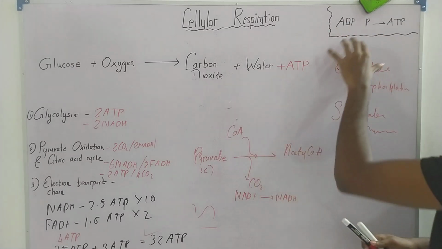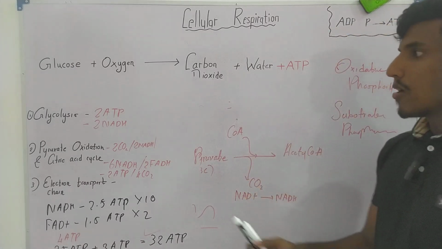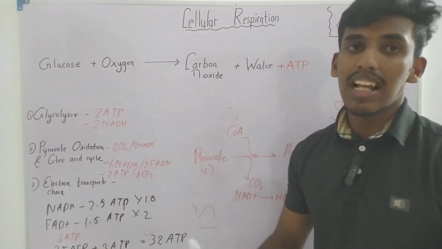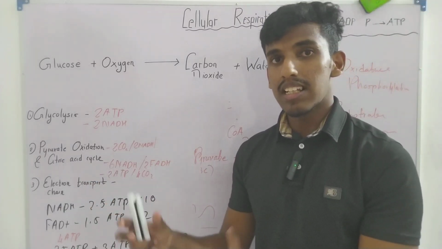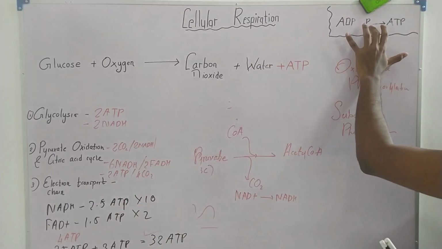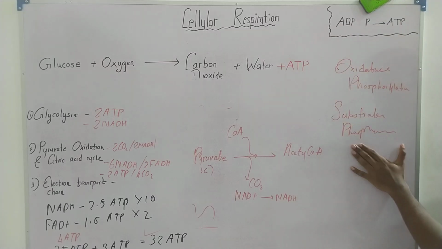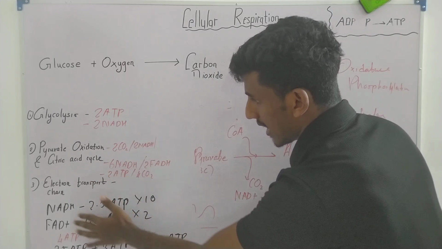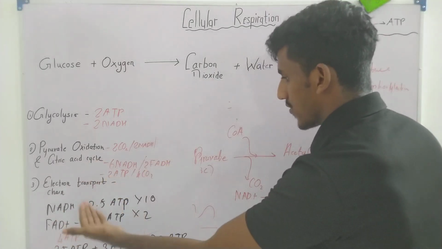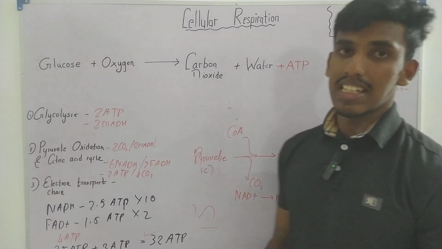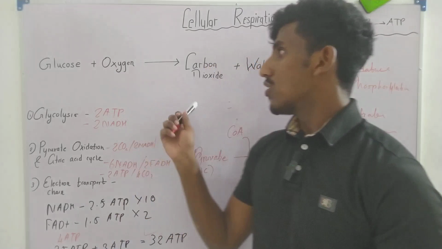Glycolysis and the citric acid cycle have a lot of intermediates in the cycle, so these are all substrates. If the phosphate is coming from there to produce the ATP, we call it substrate phosphorylation. And if the ATP is produced in the electron transport chain using NADH and FADH2, we call it oxidative phosphorylation. So, that is all about cellular respiration.